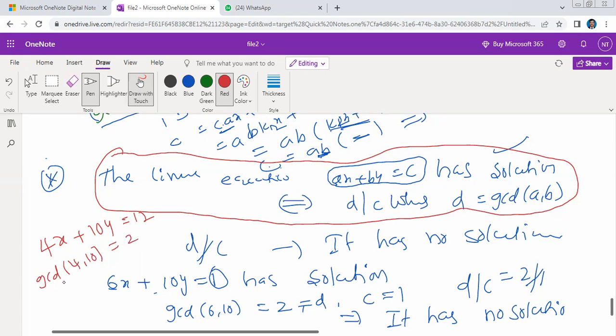Sir, it has a solution, because 2 divides 12. The C value is 12. Therefore D divides C, that means 2 divides 12. It's correct, therefore it has a solution. But we can't discuss unique solution, two solutions, three solutions yet. We will talk about infinite solutions later; I will trace out how to do that again.